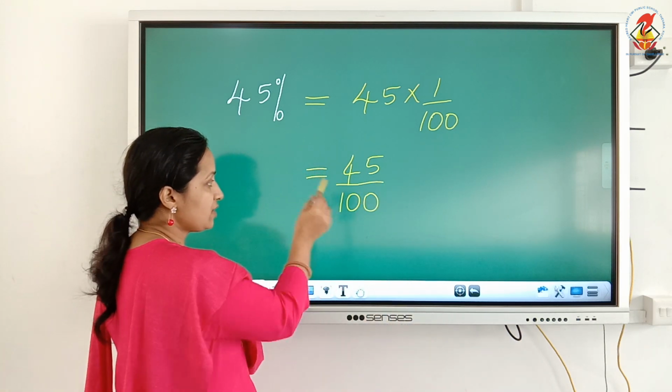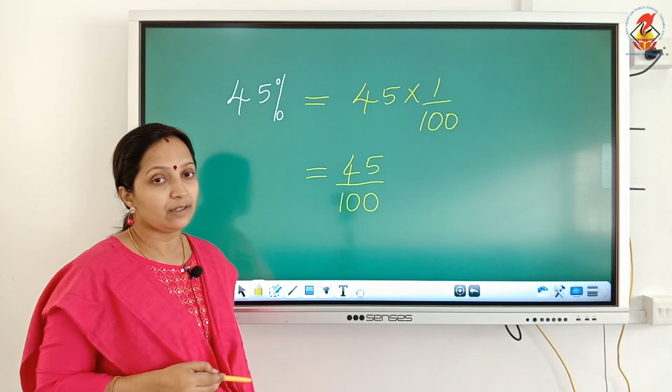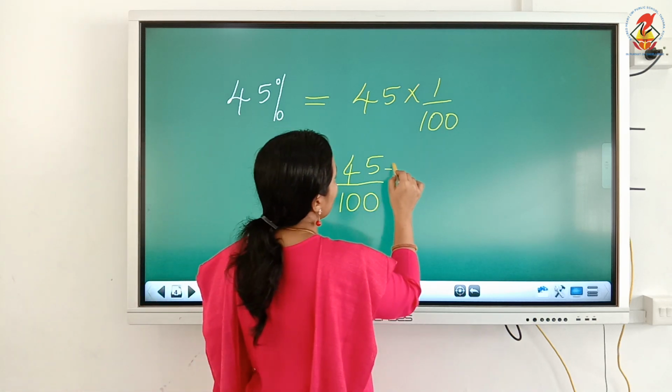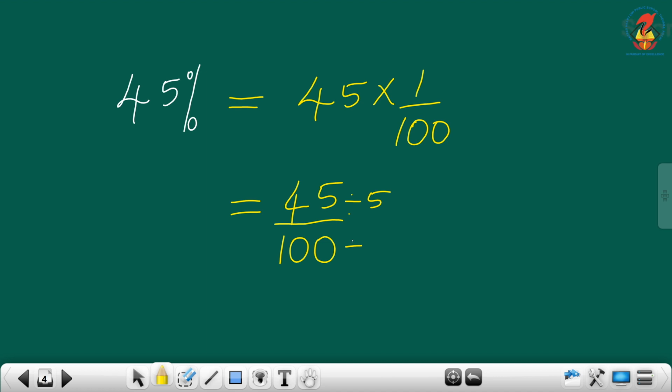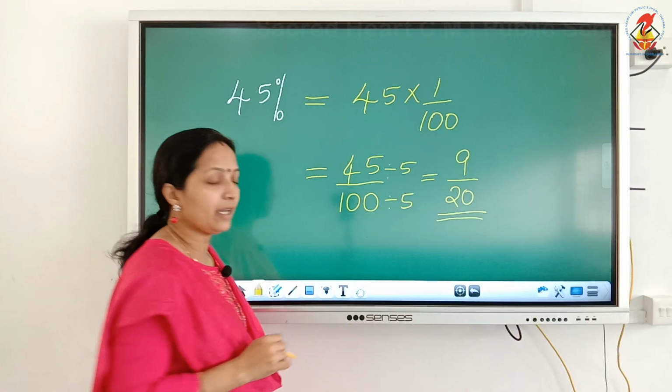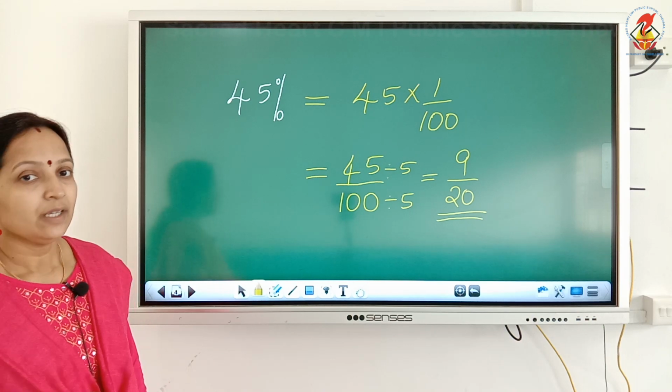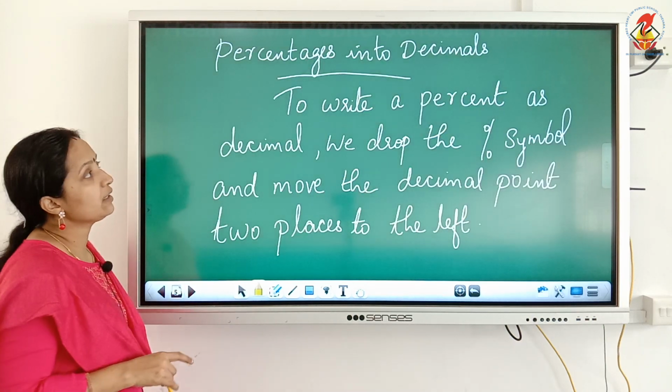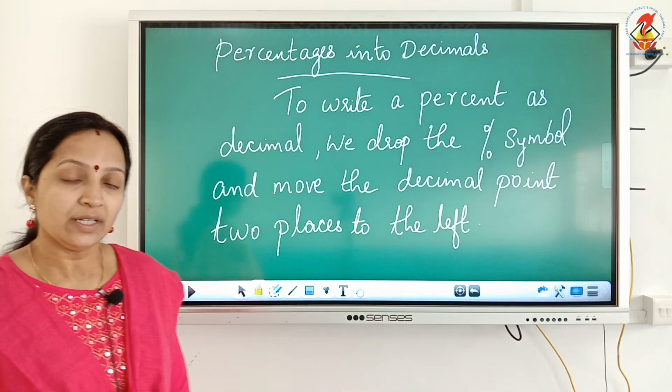By finding the HCF of the numerator and denominator. What will be the HCF of 45 and 100? It will be 5. So divide the numerator and denominator by 5, you will get the answer 9 by 20. So what is the answer? 9 by 20.